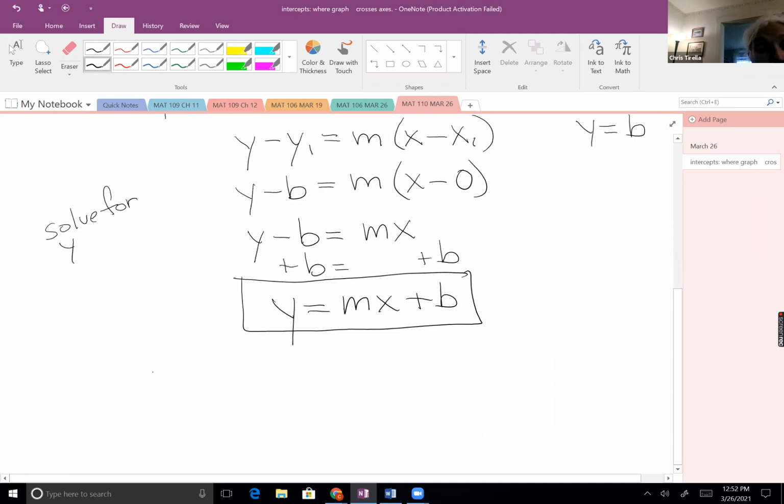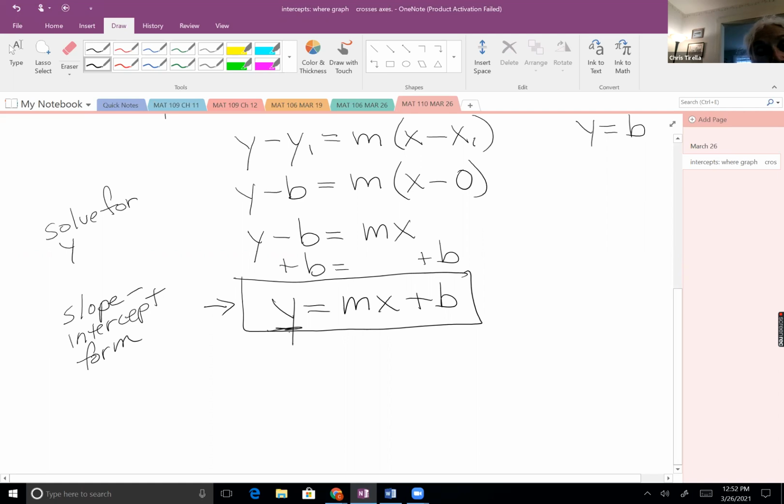And this we referred to when we solved for y before as being function form because it's solved for y. But this also has another name. It's called the slope intercept form of a linear equation.